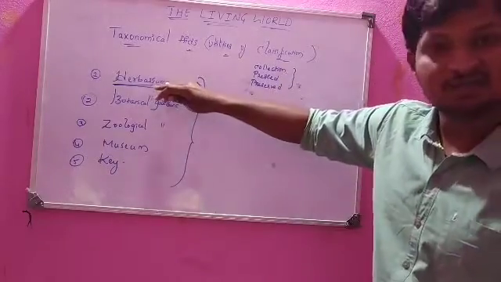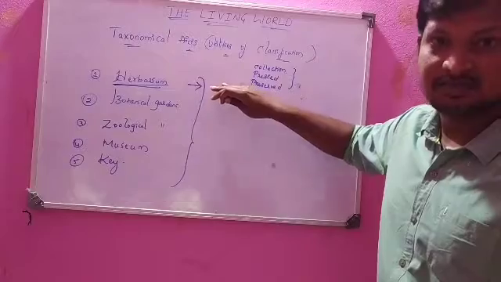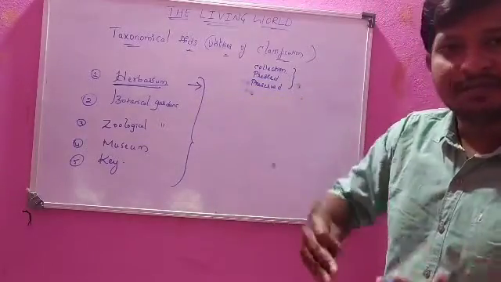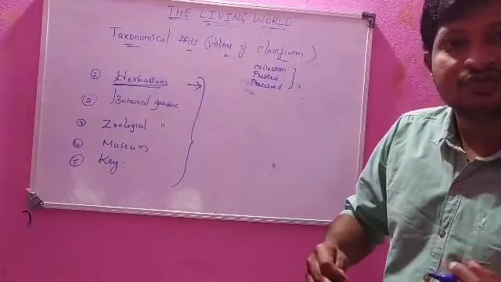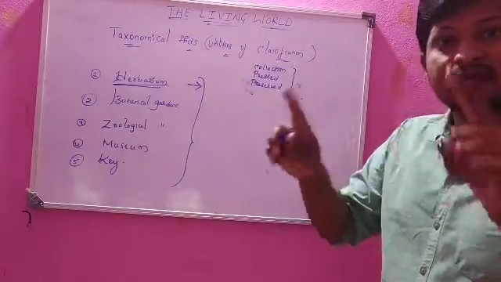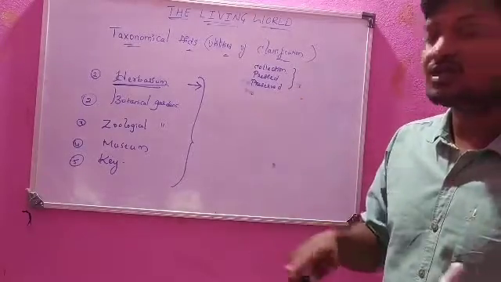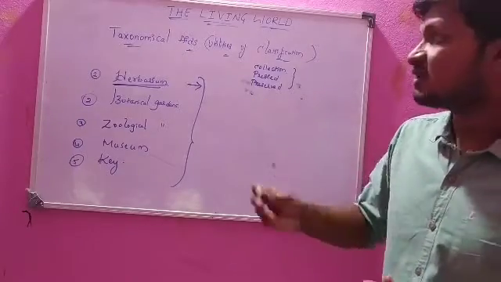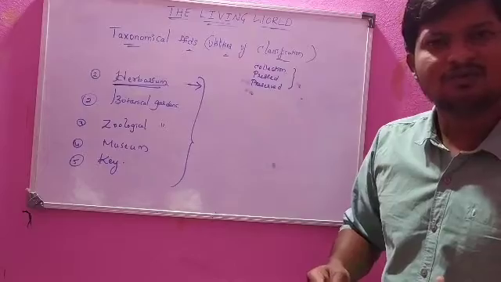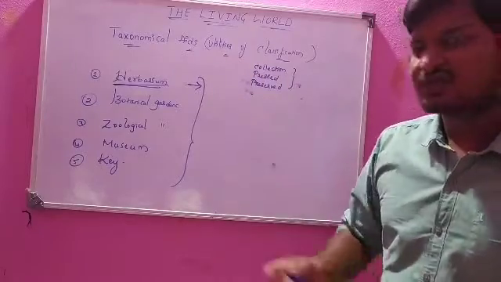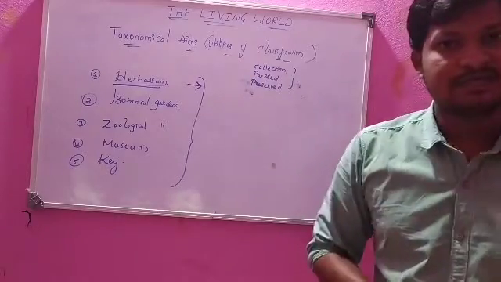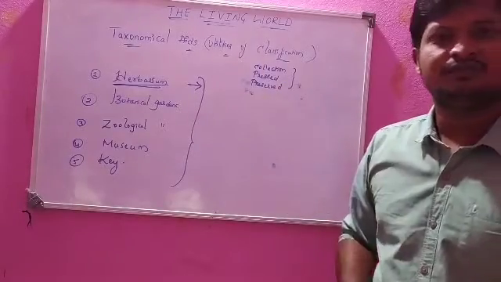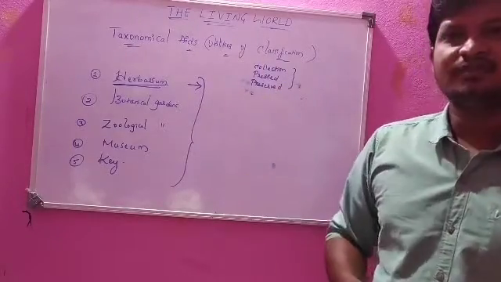To make a herbarium, one has to take herbarium sheets. In herbarium sheets only, the preservation of certain plant specimens takes place. For what purpose? For classification of that plant species, and it can be stored for a long time.